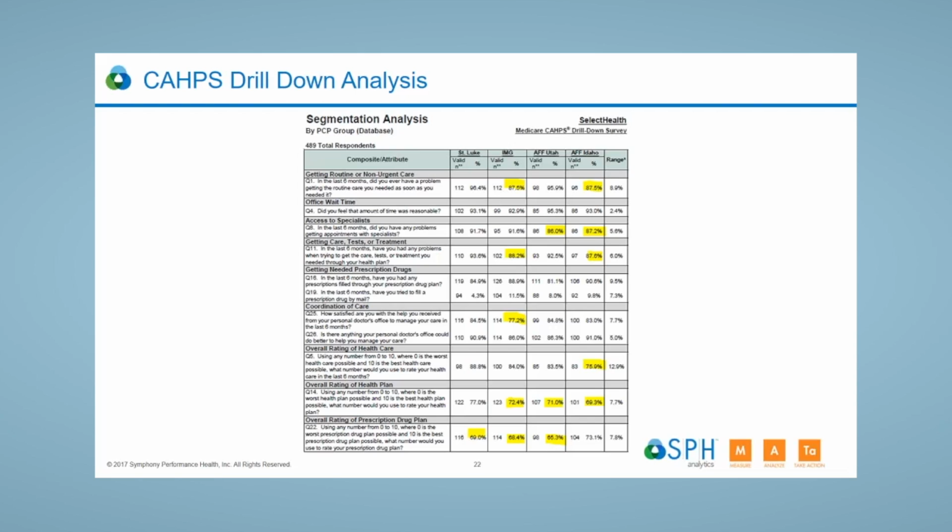You see there's quite somewhat of a large variance there, from about 96% of Medicare members saying they didn't have a problem getting a routine appointment from a Utah affiliate primary care clinic, down to 87.5% of members who had a primary care physician in our medical group having a problem with routine appointments. Let's move on to the next slide, please.